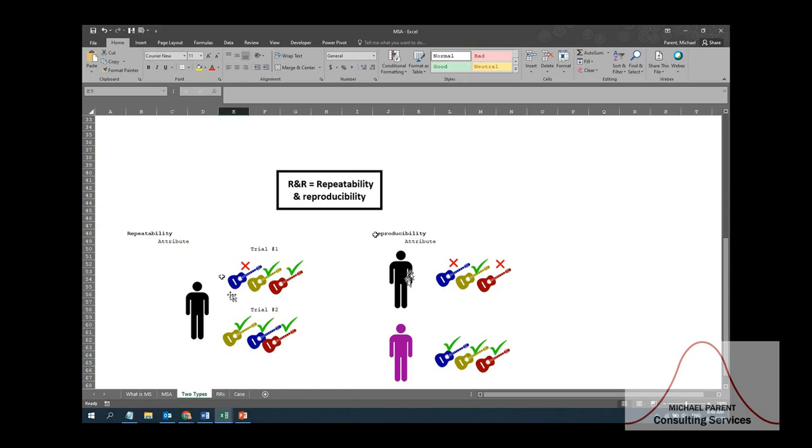Is there some sort of bias where operator 1 is more of a stickler or more stringent than operator 2, and for that matter, he's rejecting more guitars because of it? So by measuring both of these things, it's very, very important for us to get an idea of the repeatability and reproducibility for our measurement system.